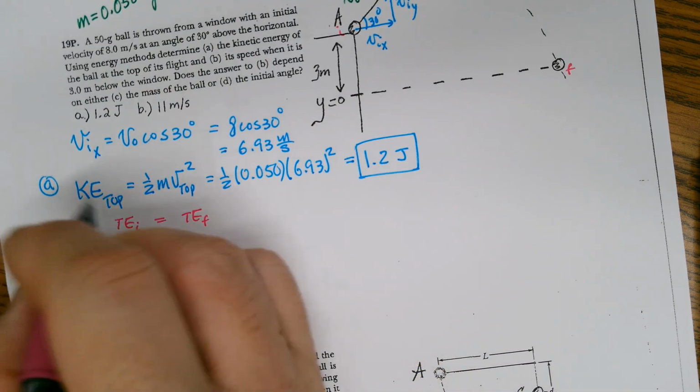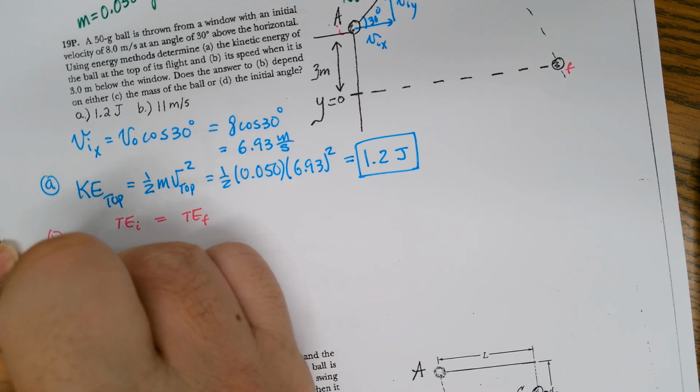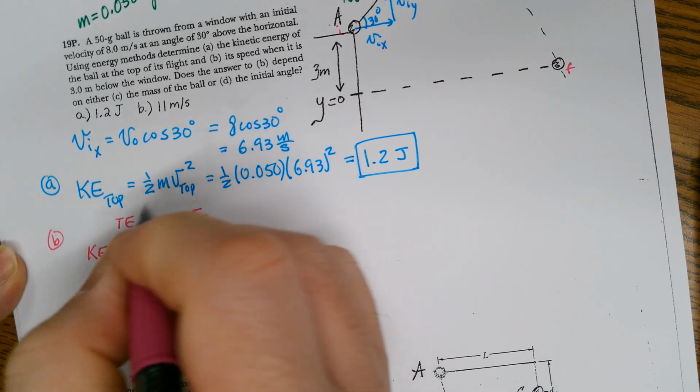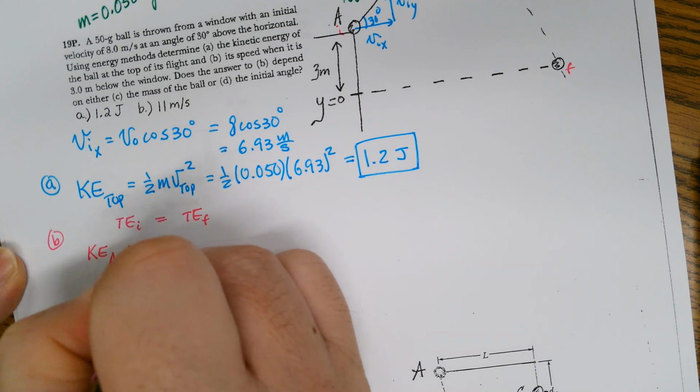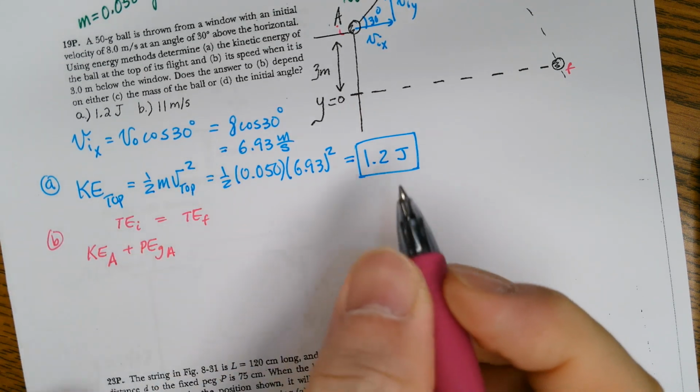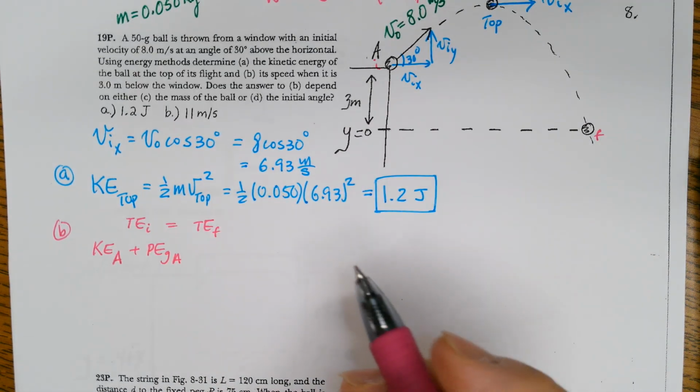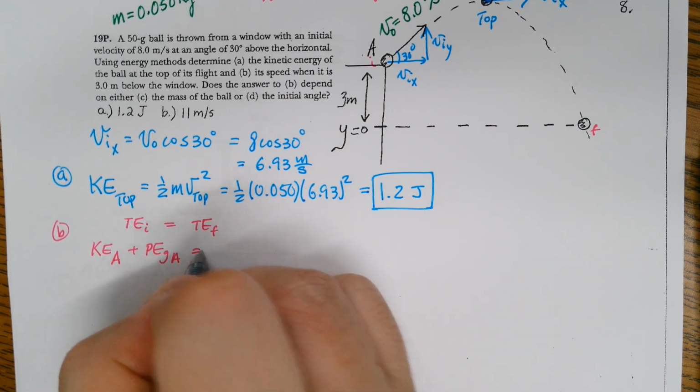So we have kinetic energy at A plus the gravitational potential energy at A. There's no spring here, so we're not going to have spring potential energy.